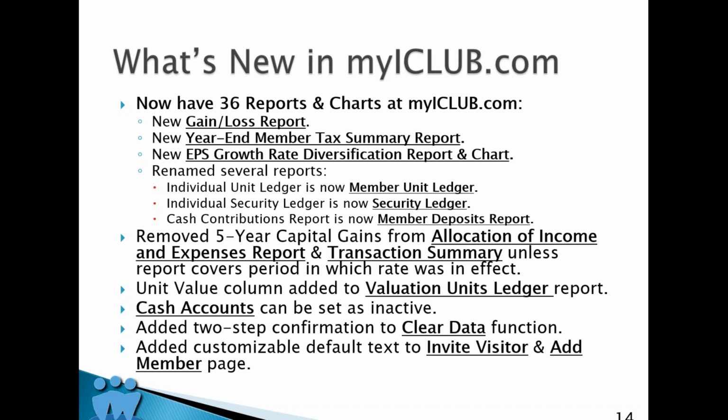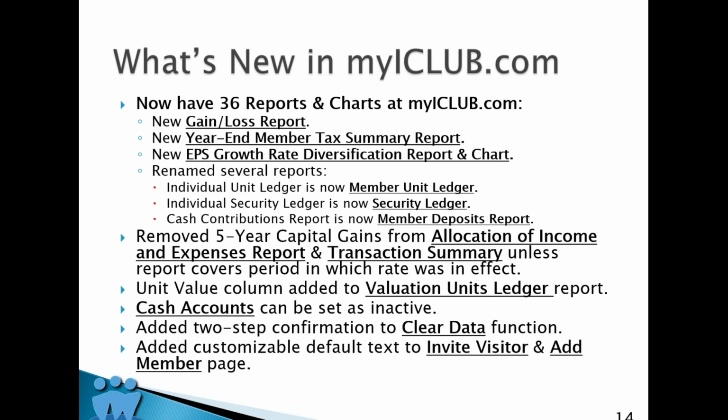We have the clear data function, where you could wipe out all of your club data, and again, you needed to be an administrator or a financial partner for that. And the downside was that it was very easy to do. We said, do you want to clear your data? And if you said yes, we cleared your data, and there was no confirmation or no instructions to make a backup.